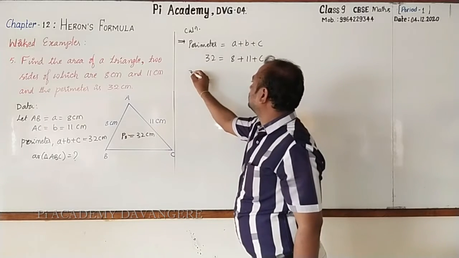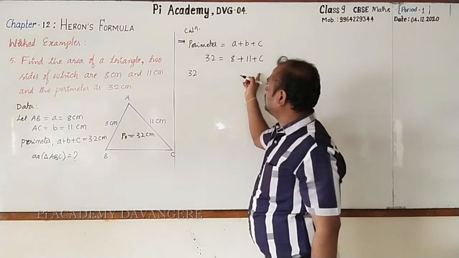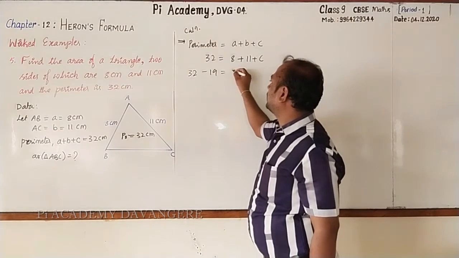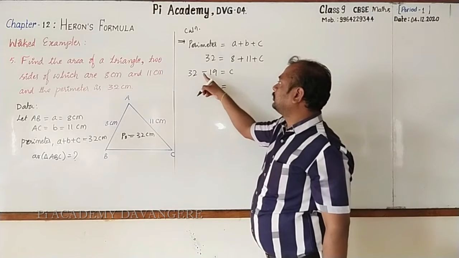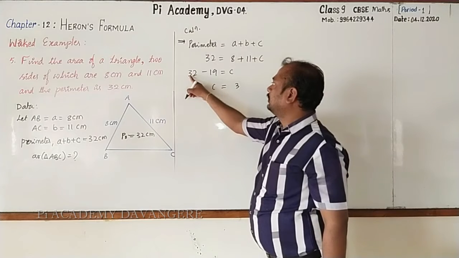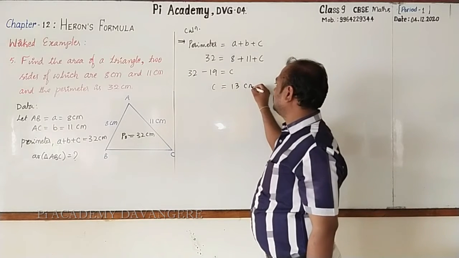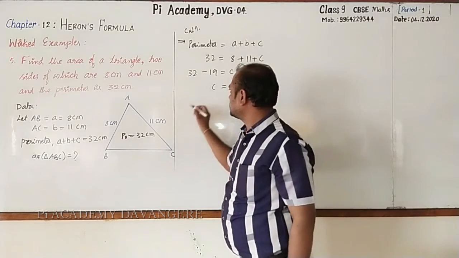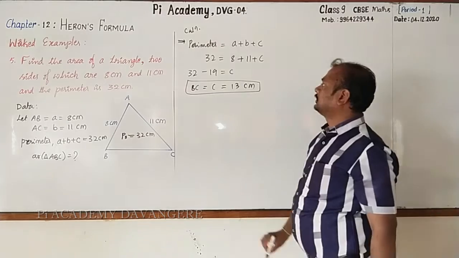Next, 32. What is 8 plus 11? It is 19. Transfer that to the left hand side. It becomes minus 19. Now C equal to 32 minus 19. 12 minus 9 is 3. Then 2 minus 1 is 1. 13 centimeter. You may call this as BC. BC equal to C is equal to 13 centimeter.